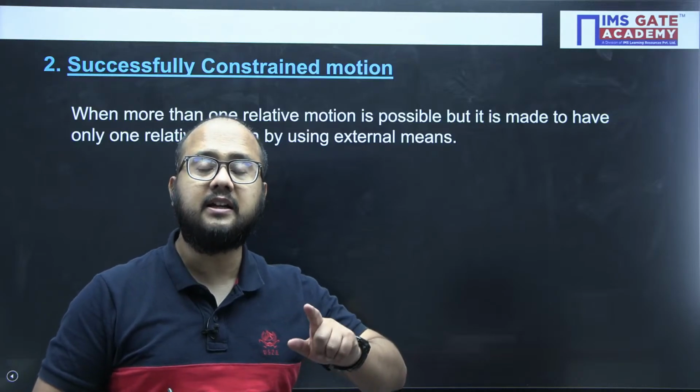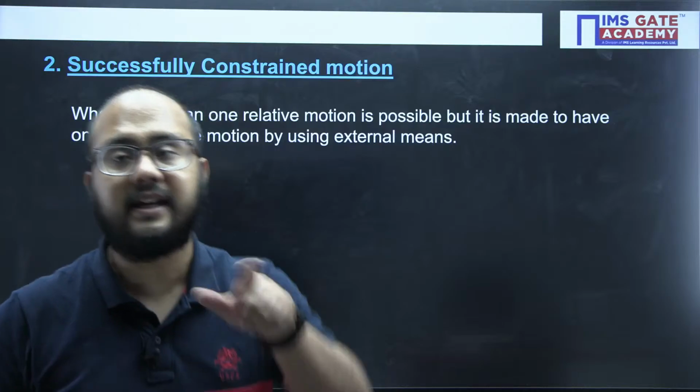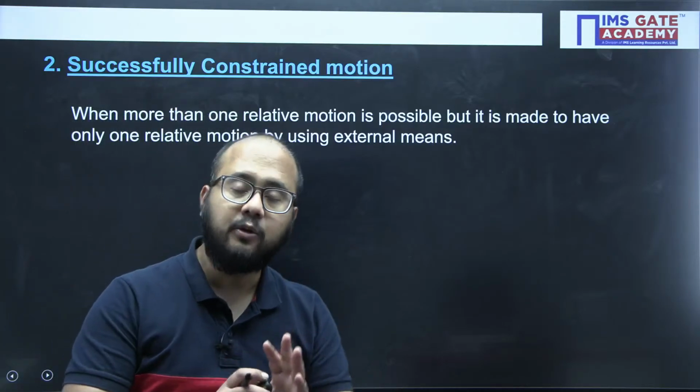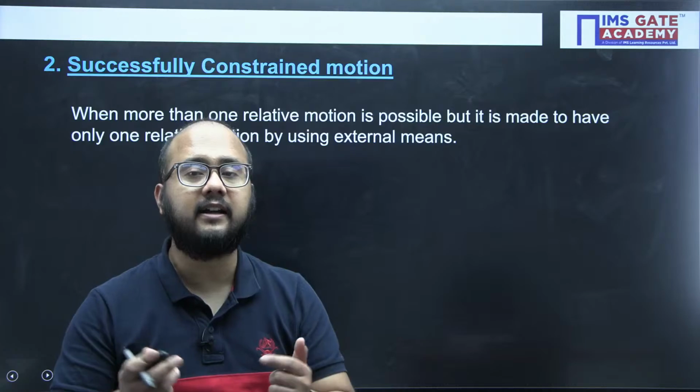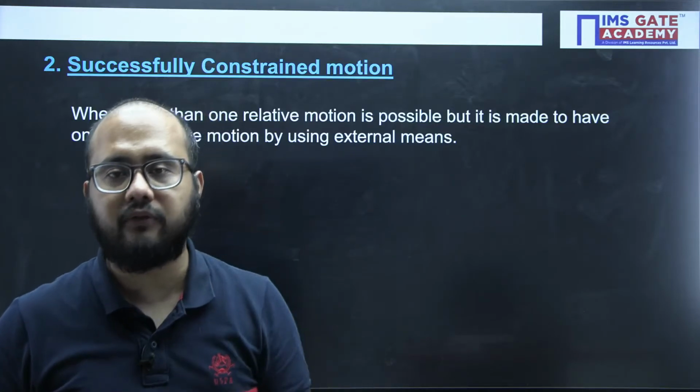Because in this particular case, we have provided restriction by external means. If I don't provide that external means, then it will definitely have more than one type of relative motion.